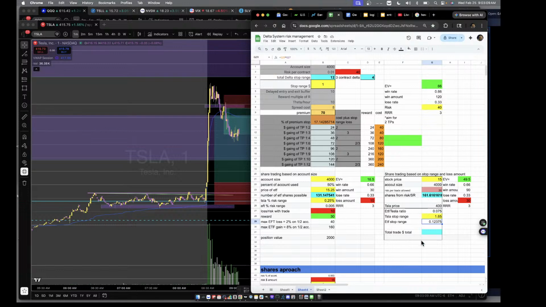But total trade equals this times this, which is 2,400, which is above half of account used.